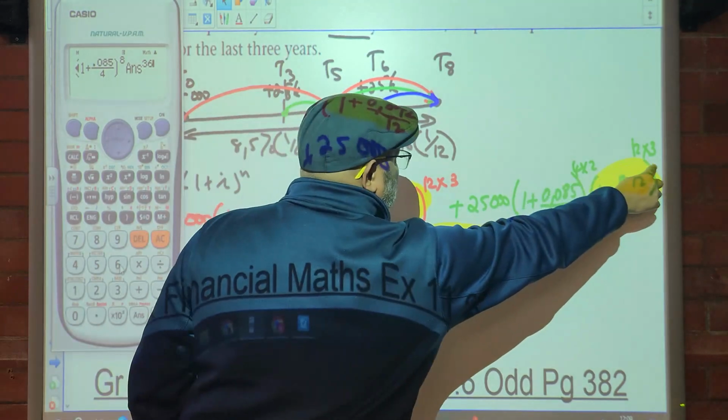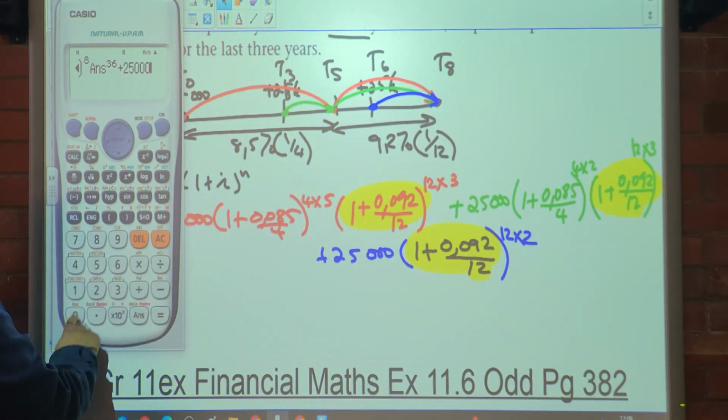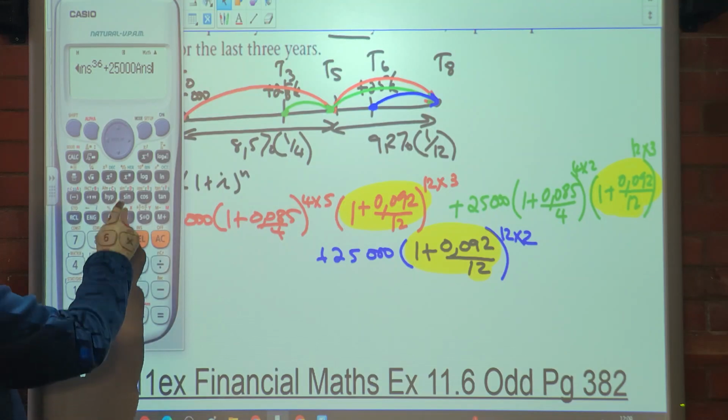As 3 times 4 is 36. Plus 25,000 into answer to the exponent.